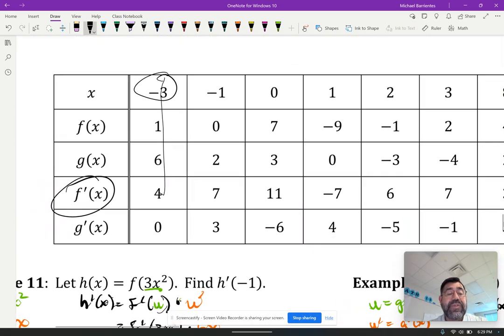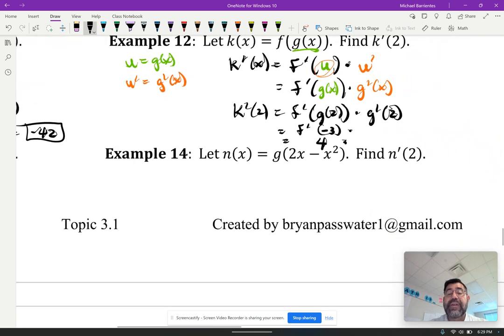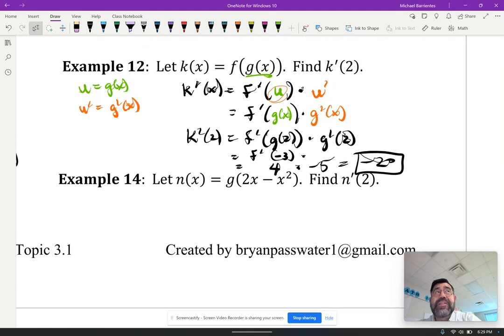And g prime of 2 is negative 5. So my final answer is negative 20. The instantaneous rate of change of the function k of x, the slope of the tangent line of k of x at x equals 2, is negative 20. And that's how we do the chain rule.